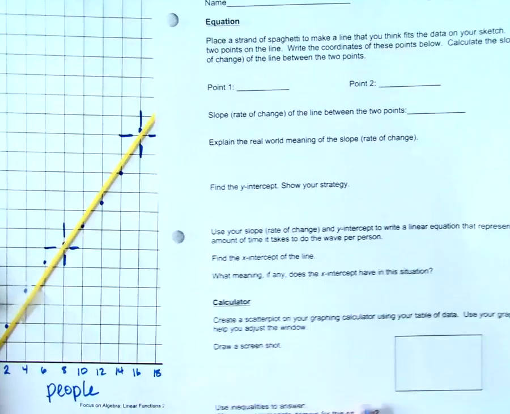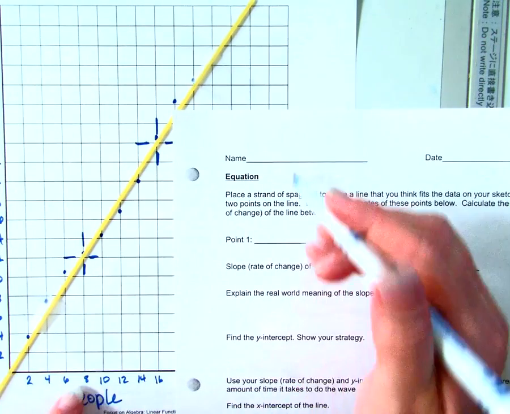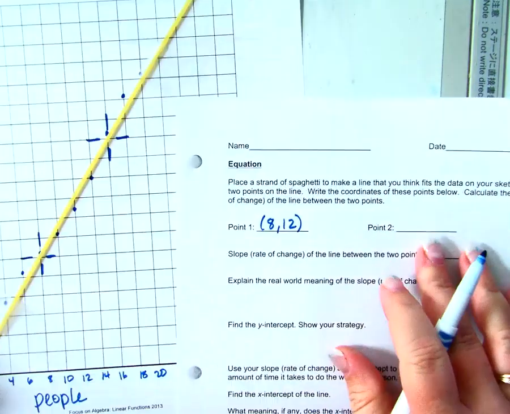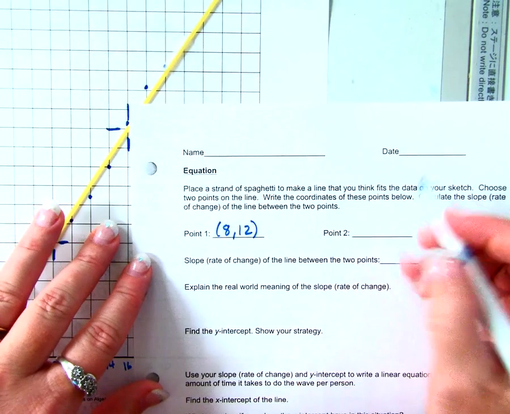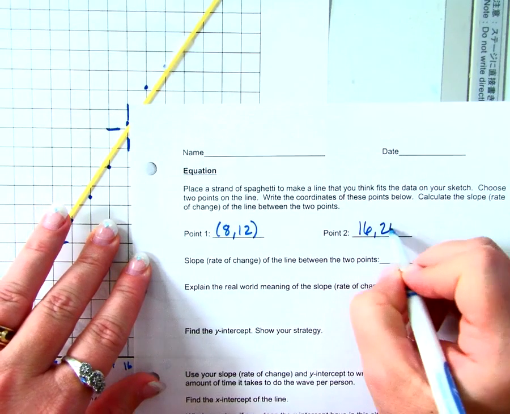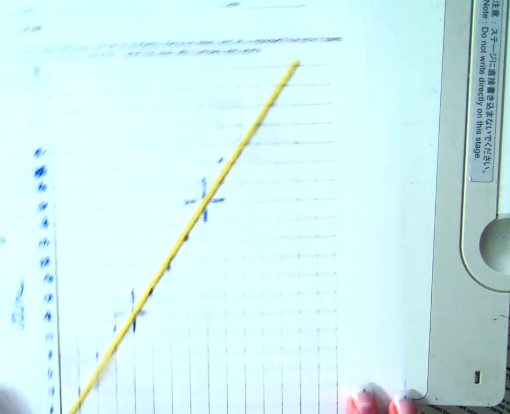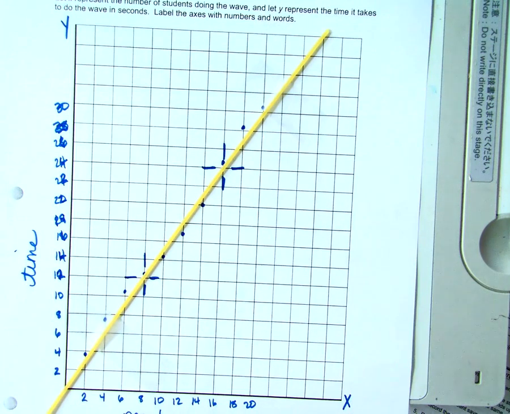So my 2 points are (8, 12) and (16, 24). Now, your points might be different based on where you put your spaghetti, and that is okay. All right? That is okay. So I'm going to put my spaghetti paper aside for a second.